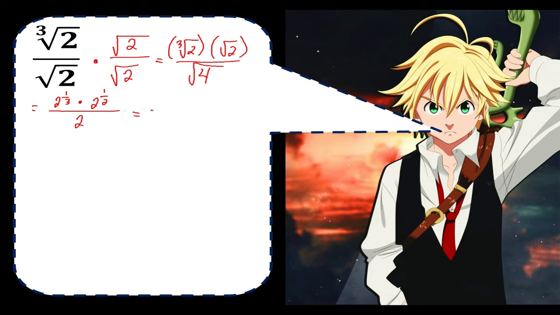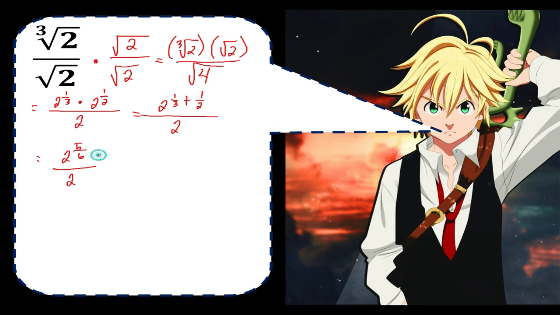If we are going to multiply 2 raised to 1/3 times 2 raised to 1/2, because they have the same base, you can combine the 1/3 plus 1/2. You can have 2 raised to 1/3 plus 1/2 over 2. Then we have 2 raised to 5 over 6 divided by 2.